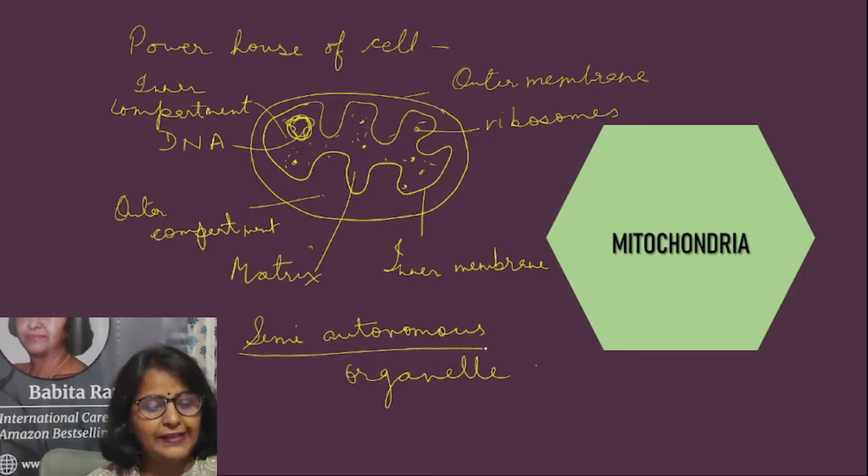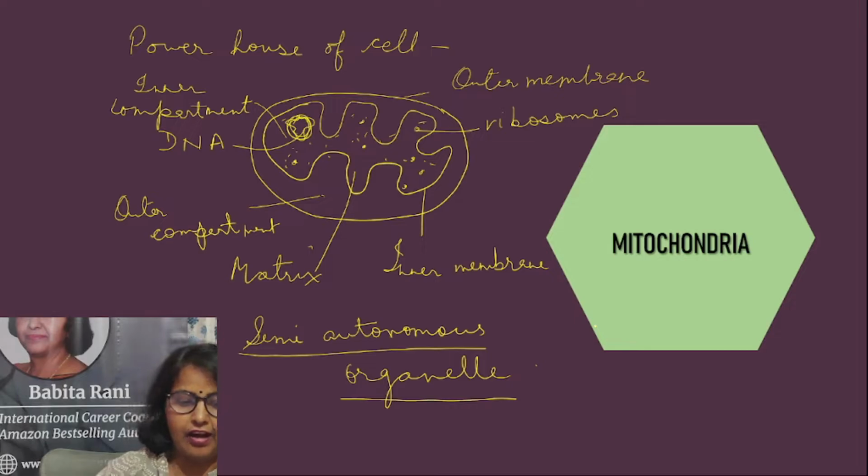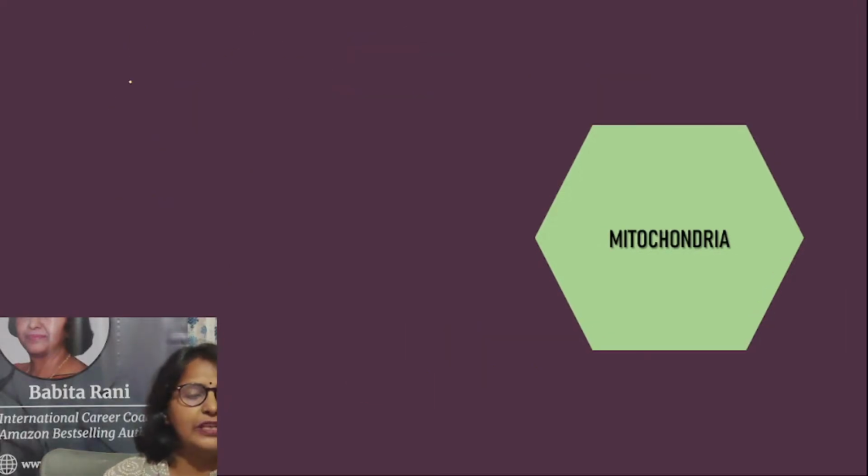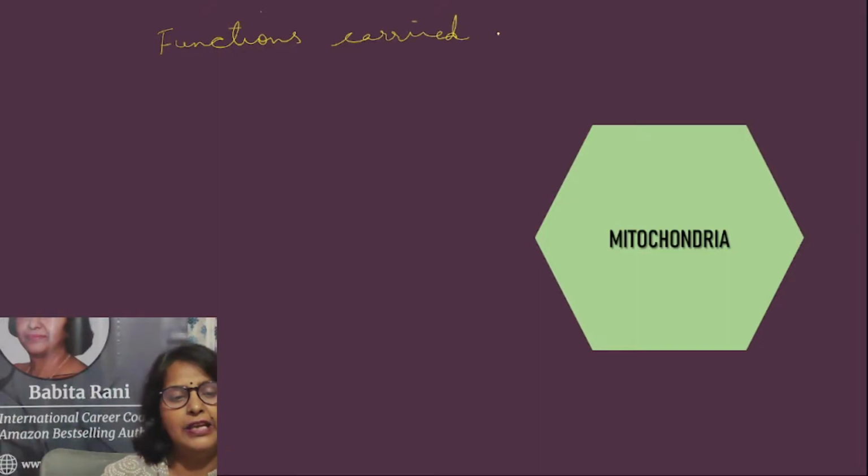What do we mean by semi-autonomous organelle? Semi means half and autonomous means capable of doing something on its own. So there are certain functions which are carried out in mitochondria on its own. That is why it is known as a semi-autonomous organelle.